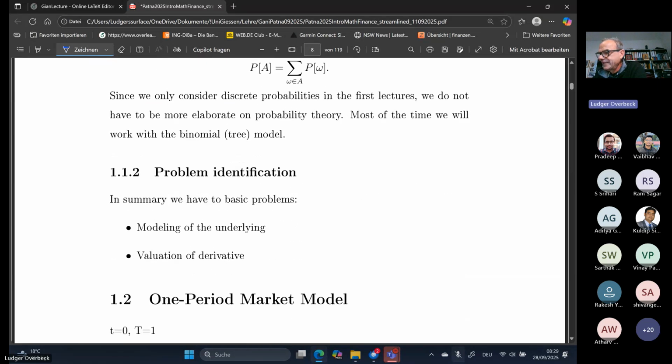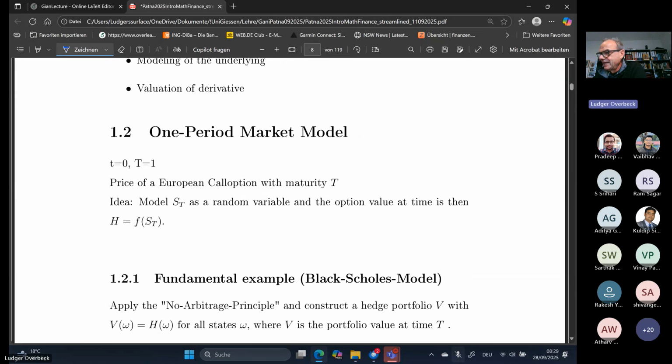But we will have a very simple model. So we have these two main tasks, modeling of the underlying, which we will do with the simplest one we have, the binomial model, where each time you have only two choices. And we will start with the one period model.